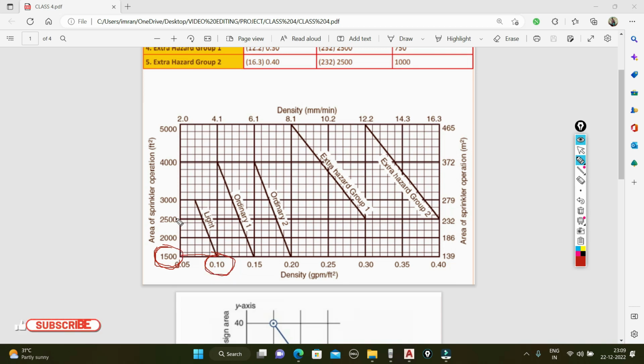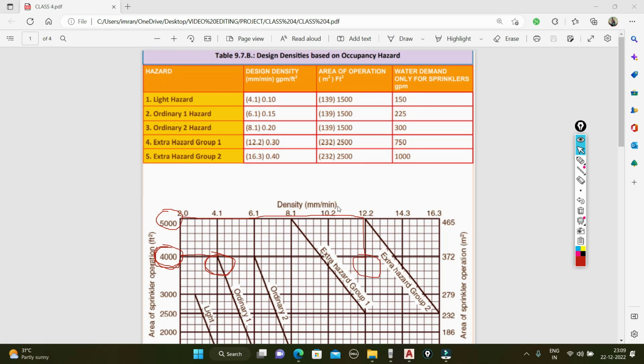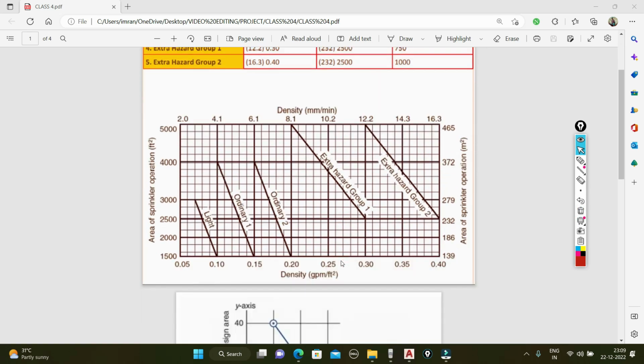If we see here, in extra hazard our area of operation is 2,500 square feet. If we come to extra hazard group, then our density will be 0.3. So this is the method we use to consider the area of operation and the density.